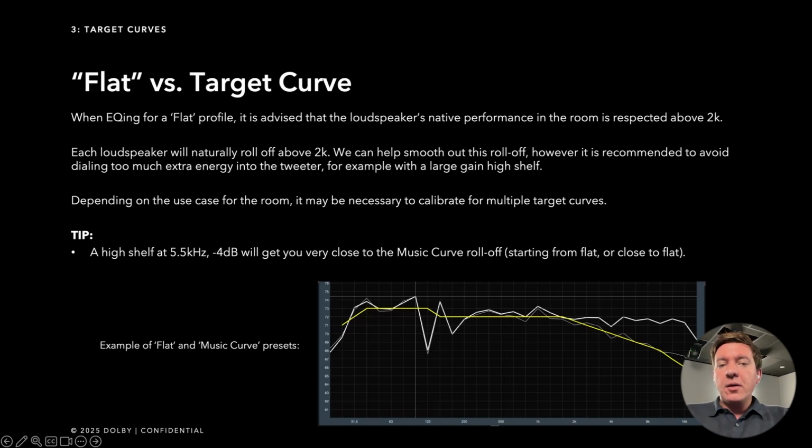And then once you've tightened up that low to mid band, just let the speaker do what it does above 2K. As I said before, in a lot of cases, people will listen to that and think the room sounds a bit too bright, and they'll want to bring some of that HF information down and roll it off a bit harder. But as I say, that can be done to taste. We recommend the music curve, but if you want to deviate from that slightly, totally up to you.